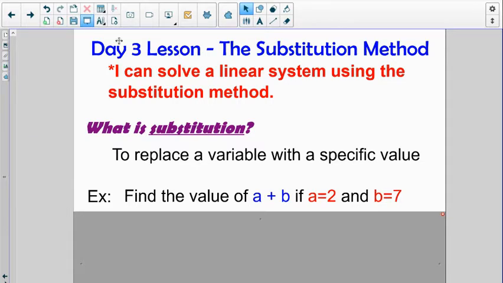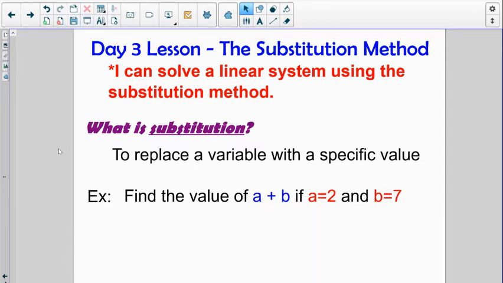So as an example here, if we want to find the value of a plus b, we need to know the values of a and b to do that. If we know that a equals 2 and b equals 7, for example, we can simplify and find the value. So a plus b would be, let's see, a is 2 and b is 7.